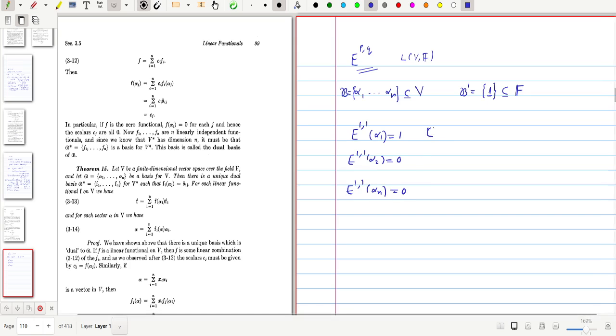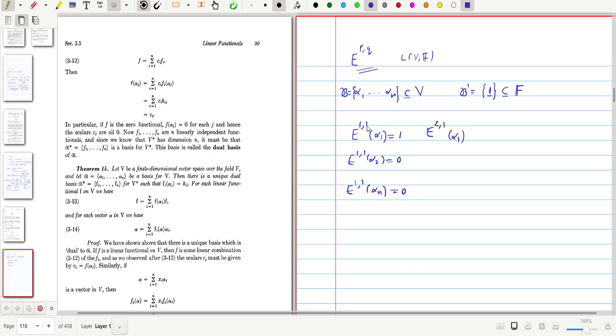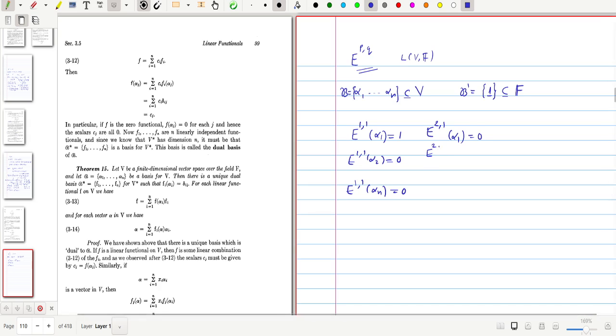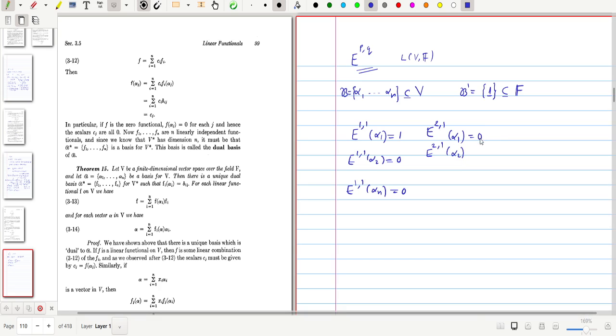Similarly, you can define E_21 of alpha 1 is 0, and E_21 of alpha 2 is 1.